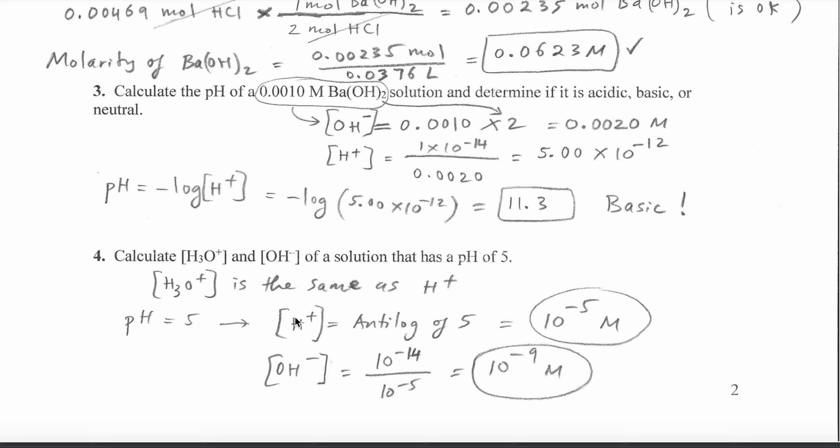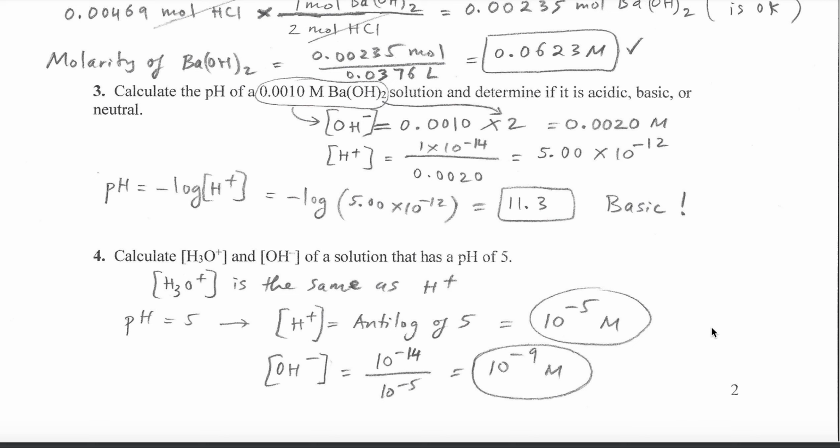Okay, once you have H plus, you can figure out OH minus by 10 to the minus 14. Again, that's a fixed number. Whether you put 1 times or not, it's the same. Divided by the one you just found, 10 to the minus 5. If you put it in the calculator correctly, you should get 10 to the minus 9 molarity.